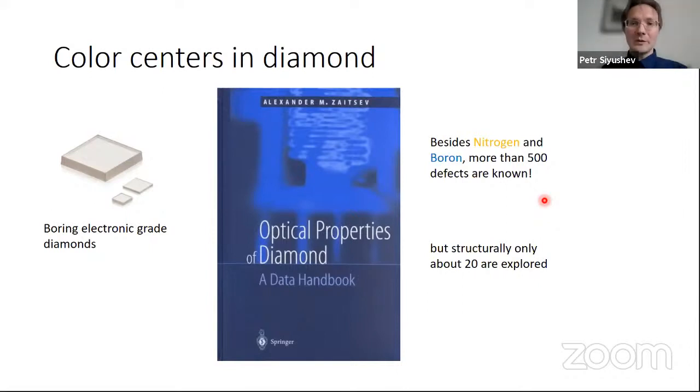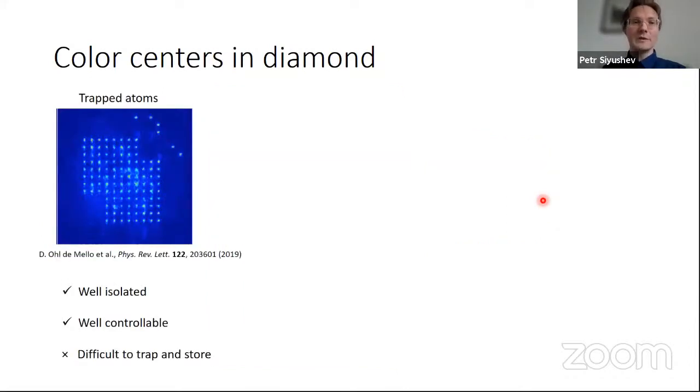However, before coming to the diamond itself, I would like to say a few words about the motivation for why we go there. Most of the experiments for quantum information processing and quantum communication were done with either trapped atoms or ions. And up to now, the tools for cooling down and storing these atoms or ions are very well developed and sophisticated.